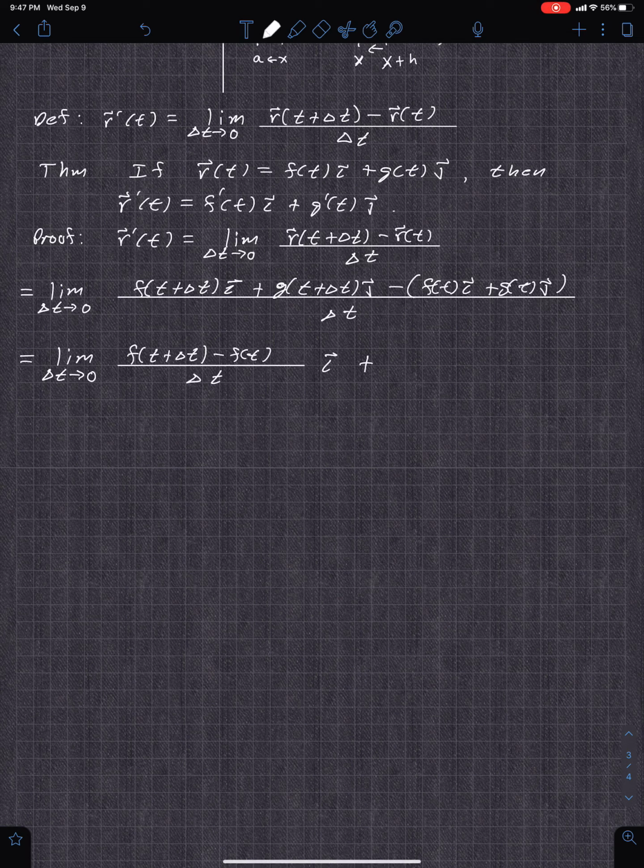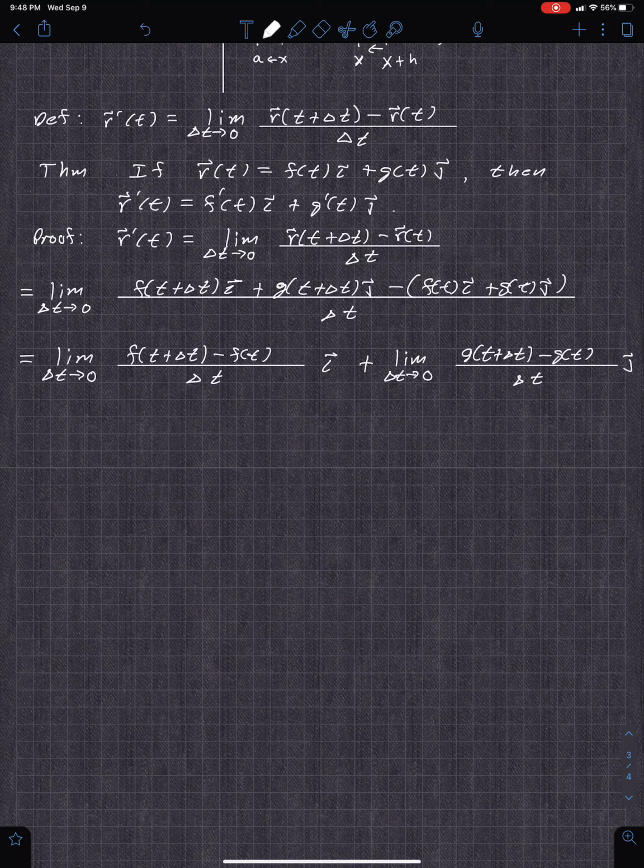And then plus the limit. Those are just terms of functions, so you can bring the limit across the sum. That's all we're doing there. It's delta t approaches 0, and the rest is really the same. So it's g of t plus delta t minus g of t all over delta t j.